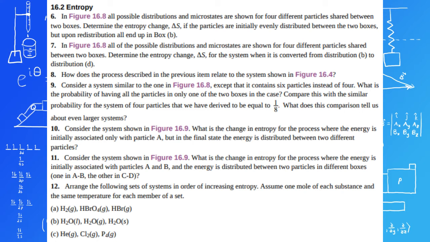Oh, I forgot to mention, now that they bring up assume 1 mole. So if you increase the number of particles, that also increases the number of possible configurations.